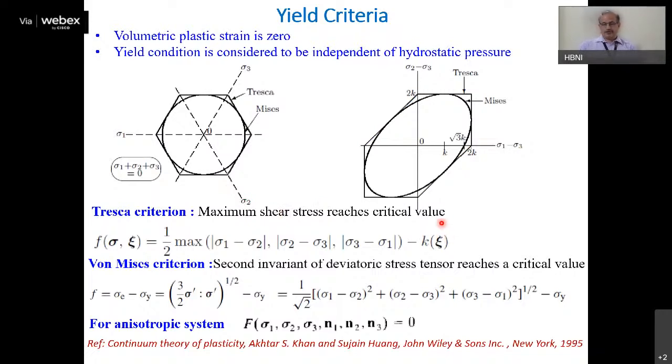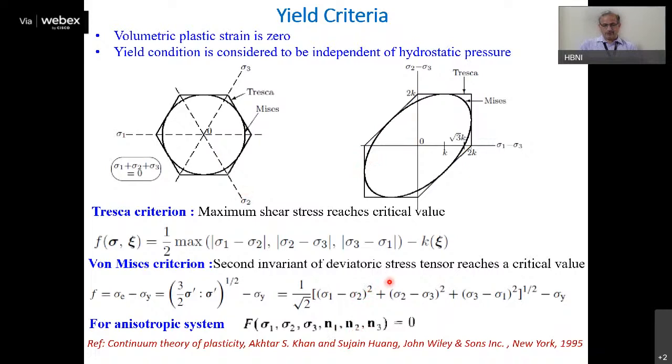But in the case of an anisotropic sample, you cannot arbitrarily take these directions of principal stresses. So it also depends on the directions of these principal stress components. Your yield function will not only depend on the principal stress components, but also on their directions in some reference frame, which defines the anisotropy of the system.